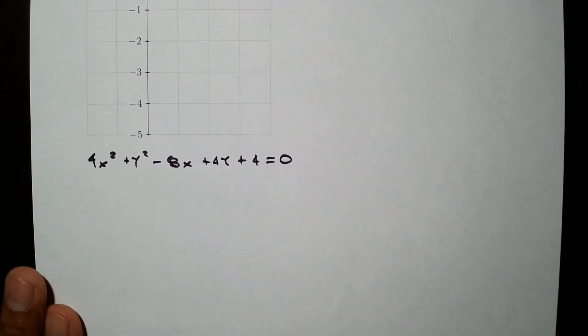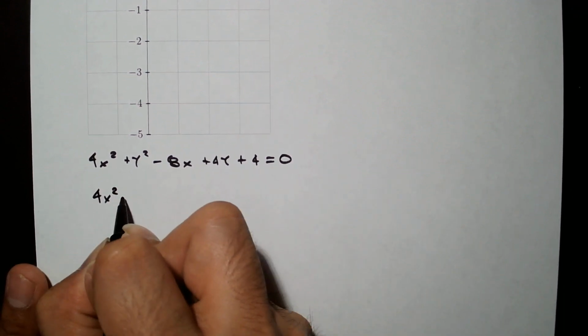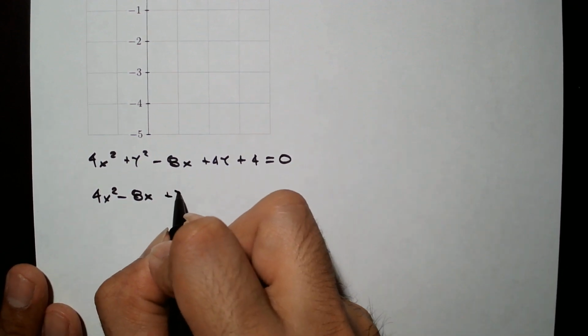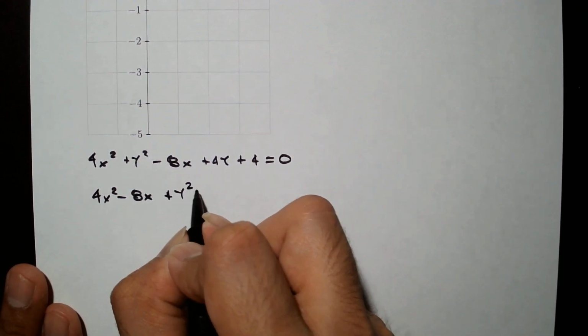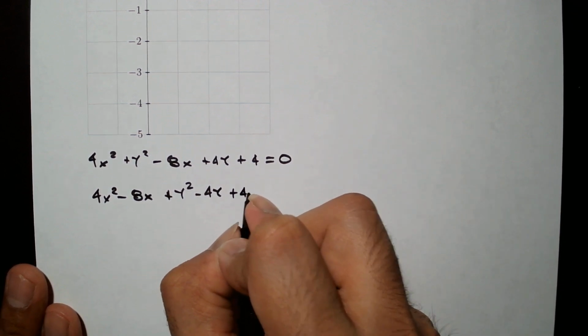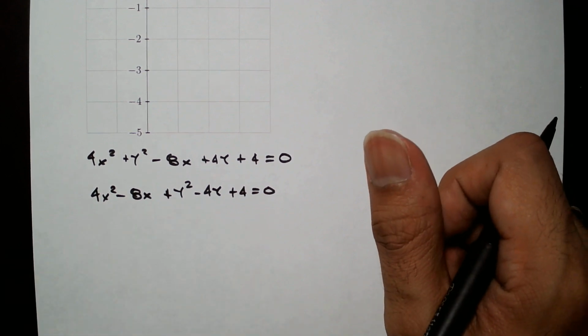And then I'm going to move on the next step, this 4 to the right hand side. So 4x squared minus 8x plus y squared minus 4y plus 4 equals to 0. So here I really didn't do anything interesting other than just ordering the terms.